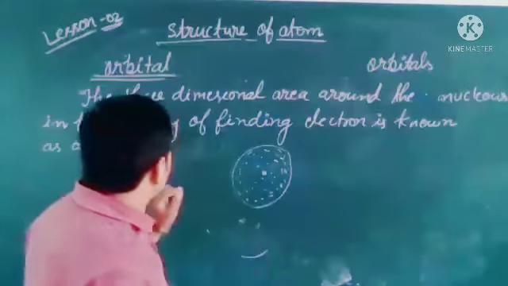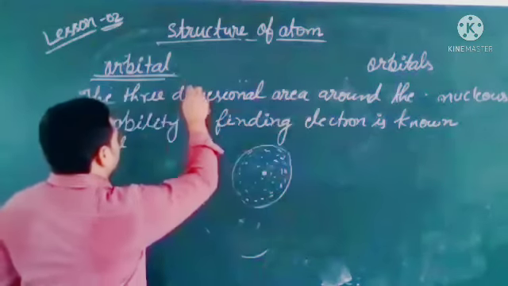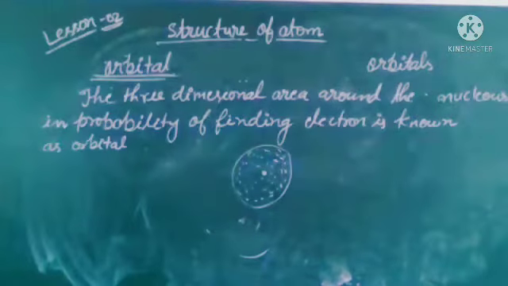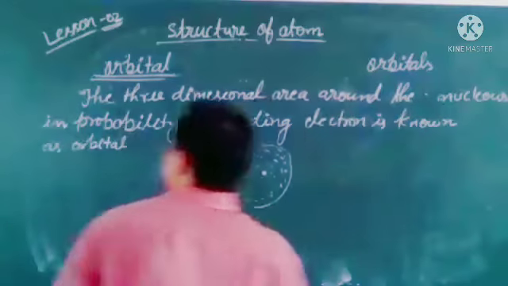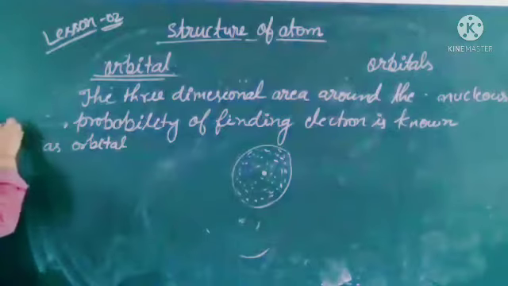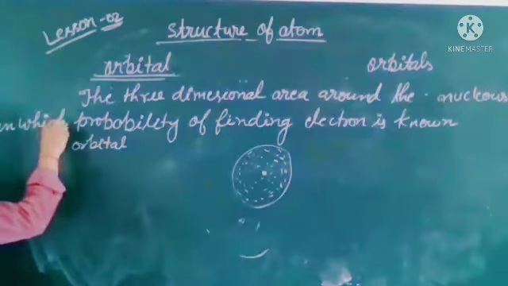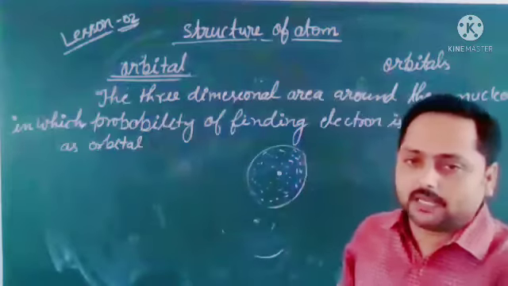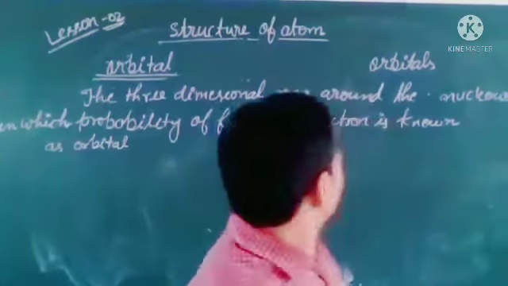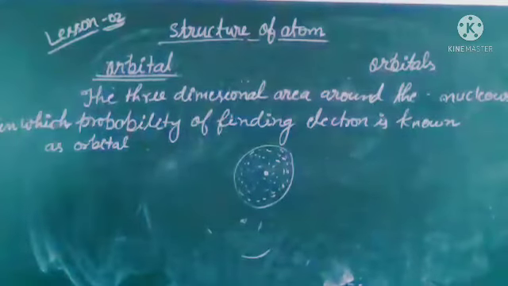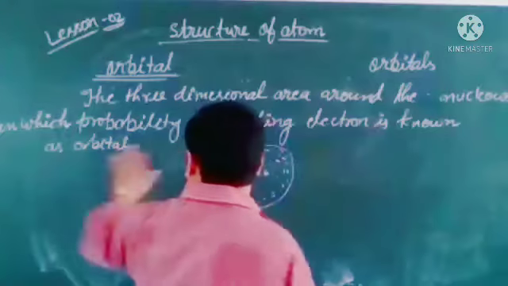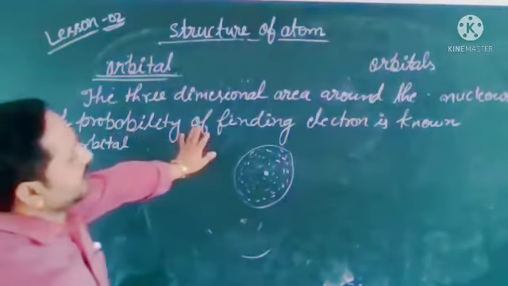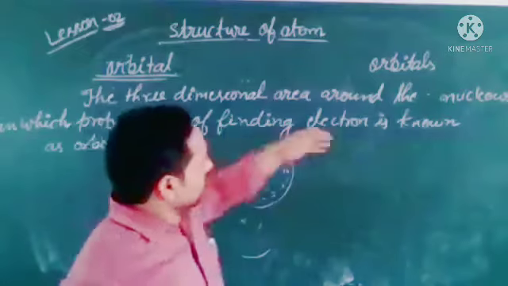What did I write here? The three-dimensional area around the nucleus in which the probability of finding an electron is maximum is known as orbital.